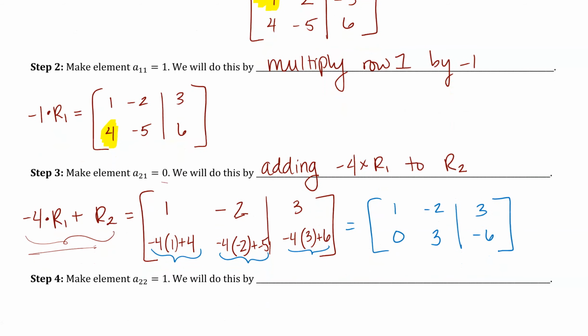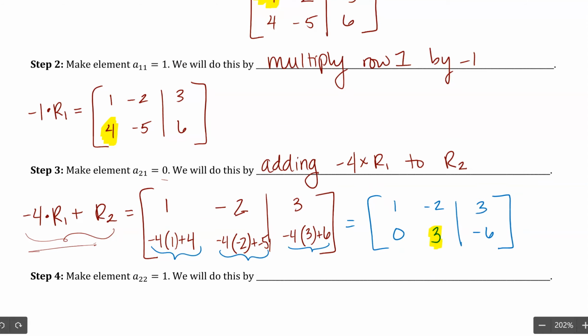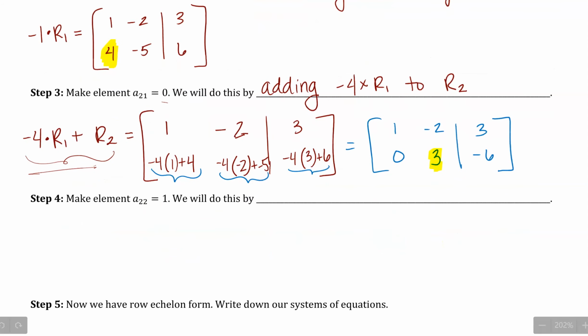Now it's not in row echelon form yet. We have this and we have this, but we need to have our diagonal be 1s. So step 4 says to make element a2,2 equal to 1. How are we going to make that, currently a 3, a 1? This is one where we can just multiply the entire row by a number.